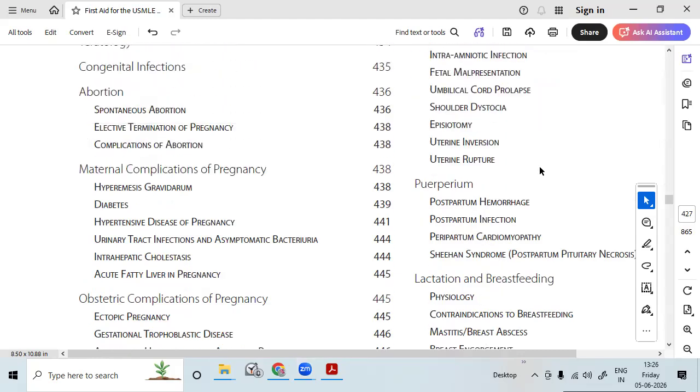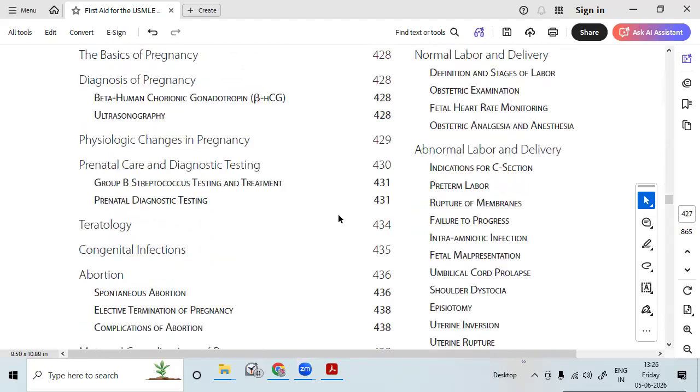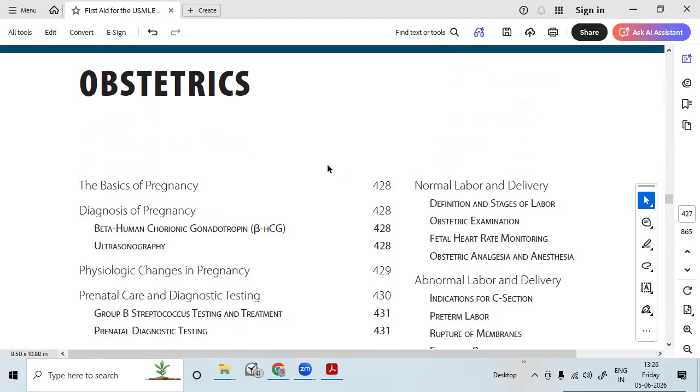So hold on. For those who have come right now, this is a very efficient way of reading First Aid USMLE, which is always an imperative first step for you to start reading, whether you are an undergraduate in MBBS or you're appearing for USMLE, or somebody who is giving a GP registration examination and not from the specialty.